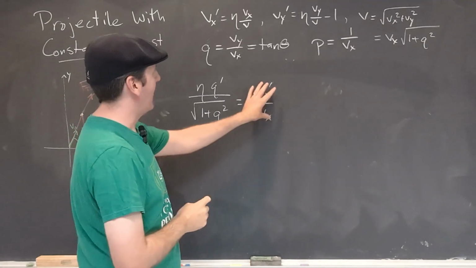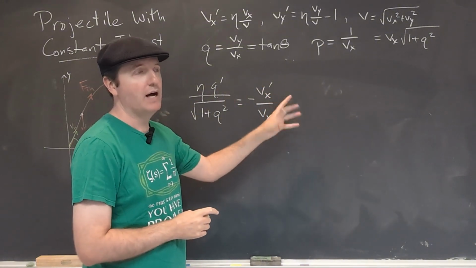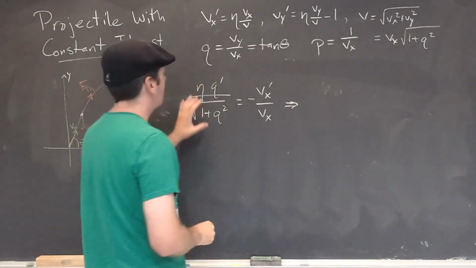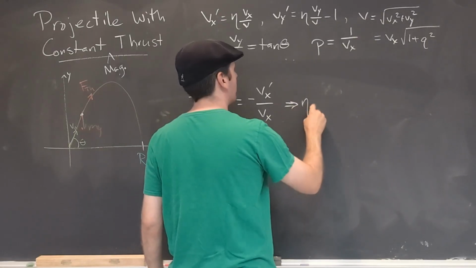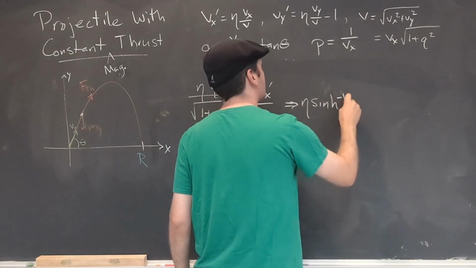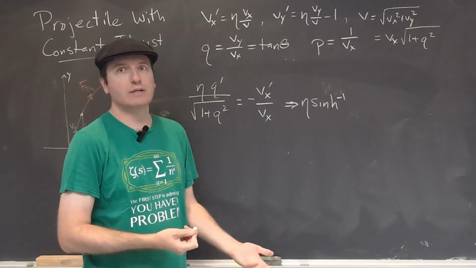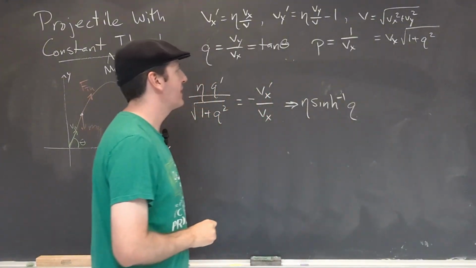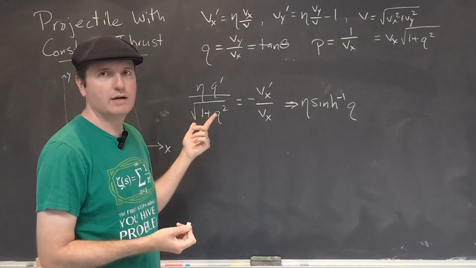And what I'm actually going to do is add this to the left-hand side, leaving a 0 at the end. So when we do that, the antiderivative here is probably most easily written in terms of the inverse hyperbolic sine. I'll let you go rewrite that as a log if you really want to, but I'll think of this as the arcsinh of Q. And then the right-hand side is just, well, natural log, right?